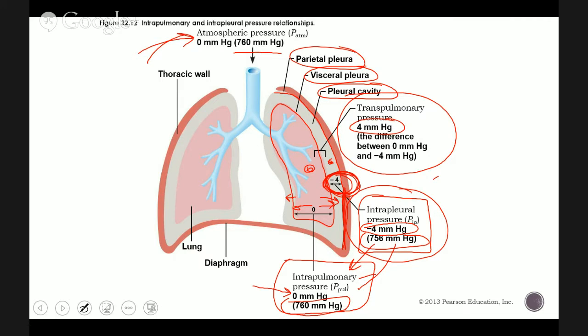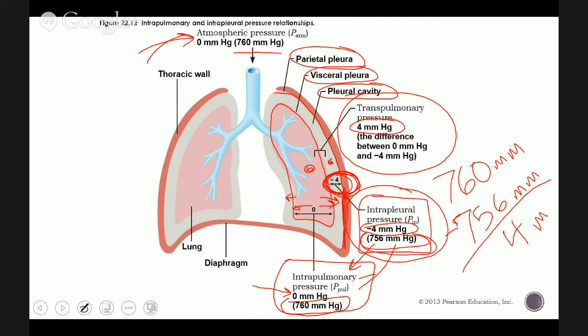Because if you take 760 millimeters mercury at rest and you subtract from it 756, you easily see that we get 4. And that's what they're trying to show you here.